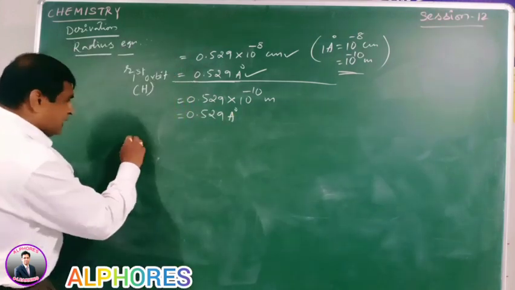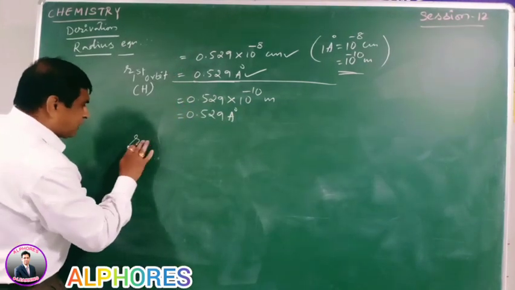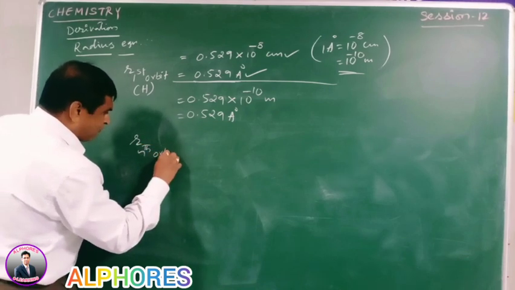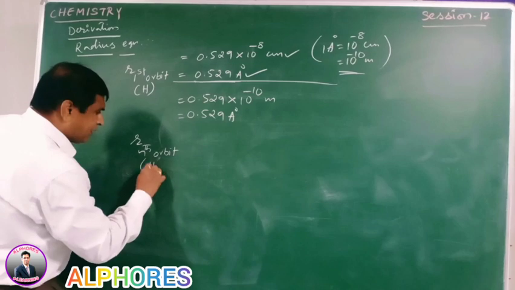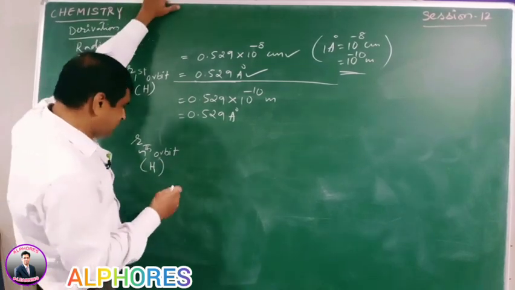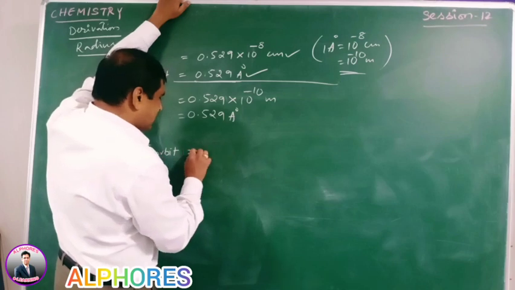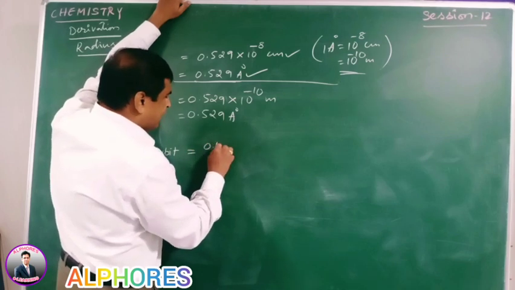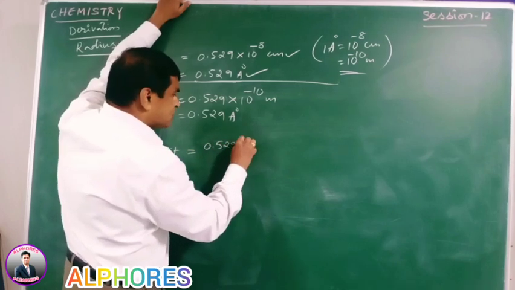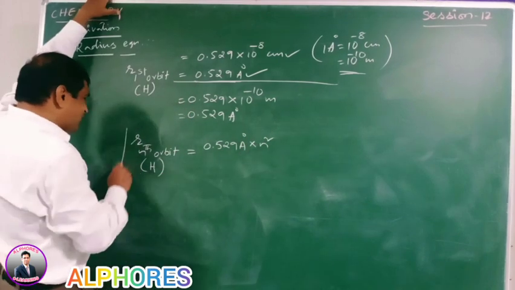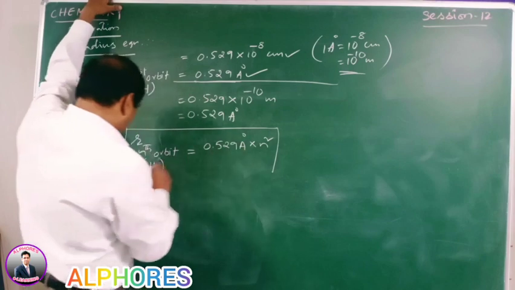The radius of the nth orbit in hydrogen atom is equal to the radius of the first orbit, that is 0.529 angstroms, into n square. That is one shortcut we can use.